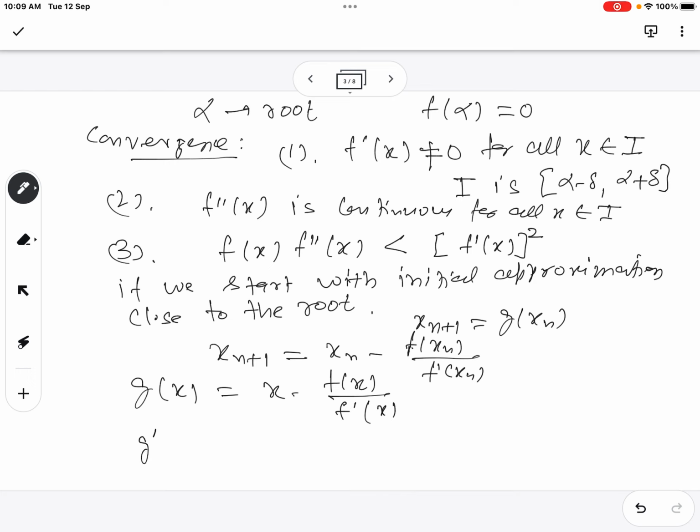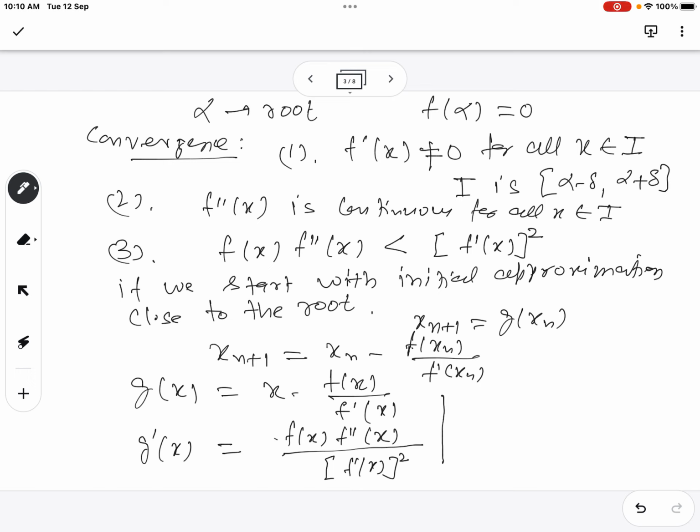And if I take the derivative of g, then it comes out to be f at x into double derivative of f at x divided by square of first derivative of f.